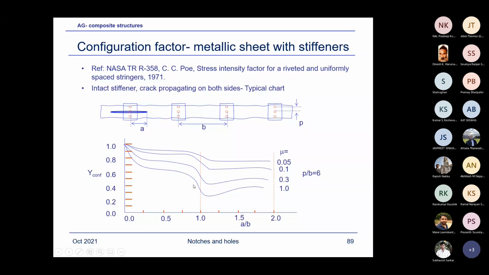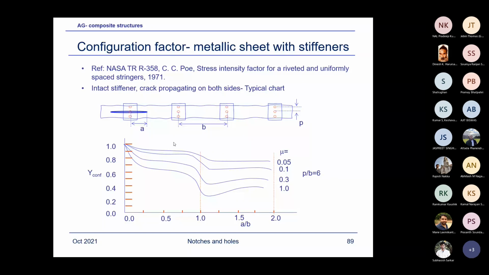That means the residual strength will keep on increasing as you approach the stiffener. So there are two things happening when the crack is increasing in length. One is, if you don't have the stiffener, the residual strength for a larger crack will be lower.